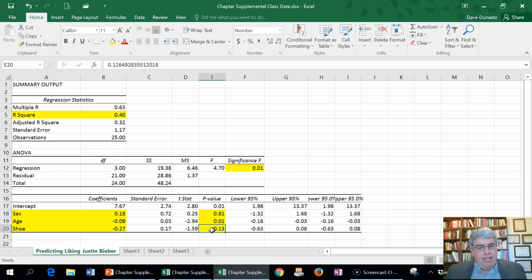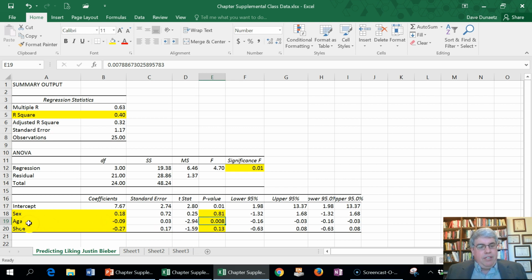Now, shoe size is closer to being a significant predictor of Justin Bieber. And so maybe that's why sex was so far away, because shoe size includes a lot of information about sex. And maybe it's not significant. So we can't really conclude that it would be a predictor anyway. But here we have age, and age is significant. P equals 0.01. Add a few decimal points, and it's actually less than 0.01, 0.008.